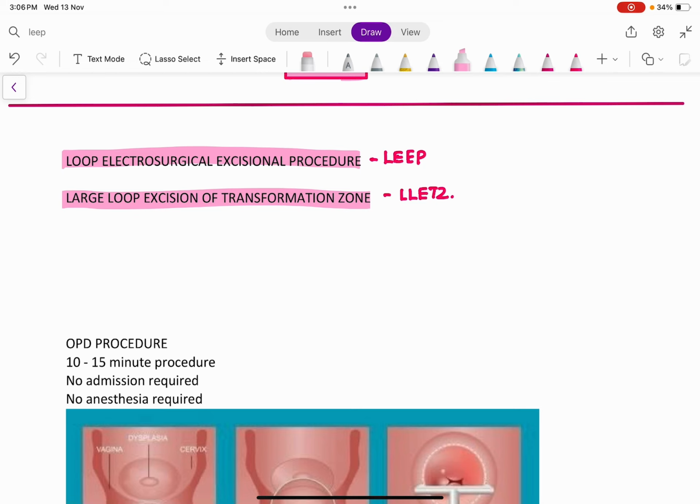In type 1, the transformation zone is entirely visible and located in the ectocervix. In type 2, it is still entirely visible, but along with the ectocervix, the transformation zone has an endocervical component. Type 3 is where the transformation zone is not entirely visible, because it extends inside the endocervical canal. So that is all about the transformation zone.